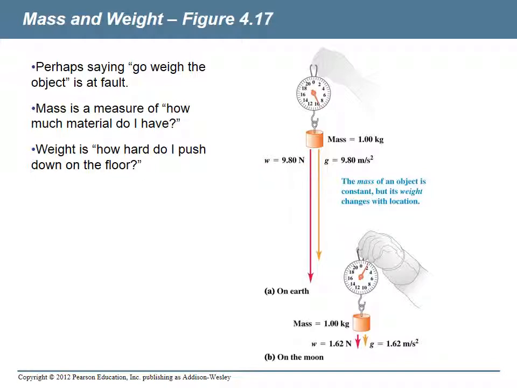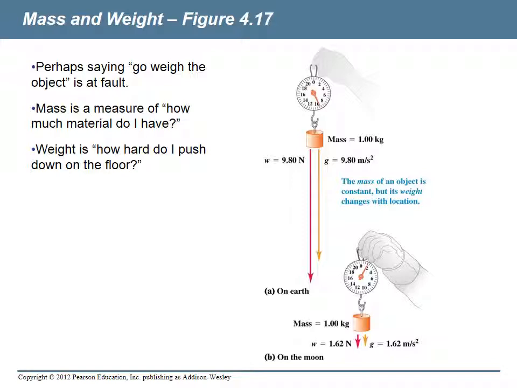But if I were to take this same 1 kilogram block to the moon, the moon has a smaller g, a smaller acceleration due to gravity, because the moon has a much smaller mass, but we'll get into that in chapter 6. The g is 1.62, so the mass times the gravity ends up being a weight of 1.62 newtons.